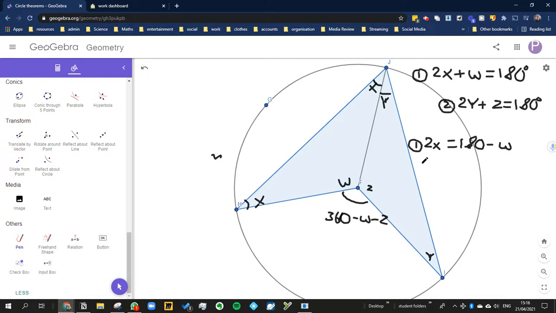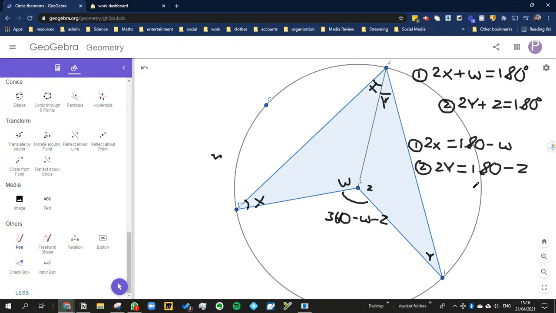I'm going to rearrange equation 2 to say that 2y is equal to 180 minus z.